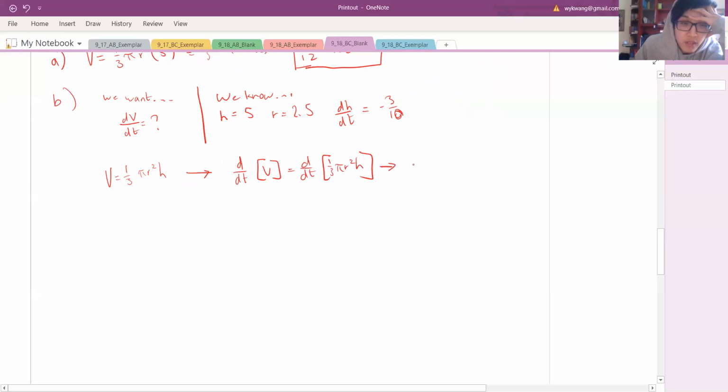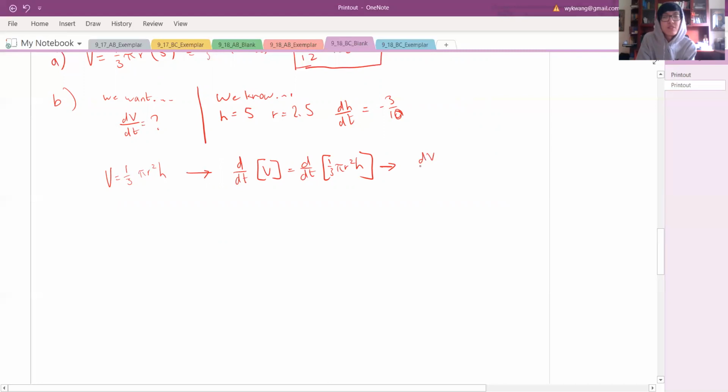Let's start with d over dt of V. The derivative of a variable V is just 1, but we are implicitly differentiating with respect to t, so it's multiplied by dV over dt.